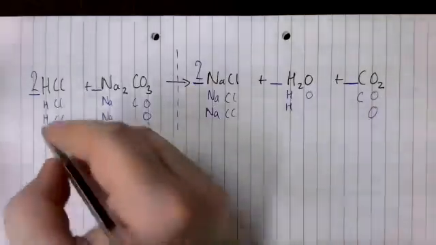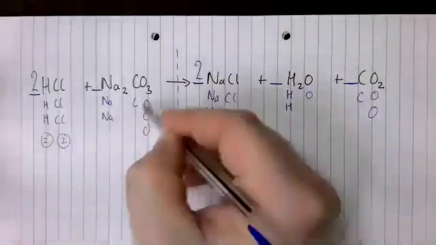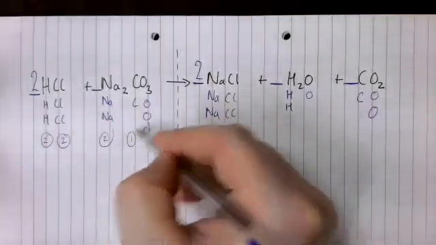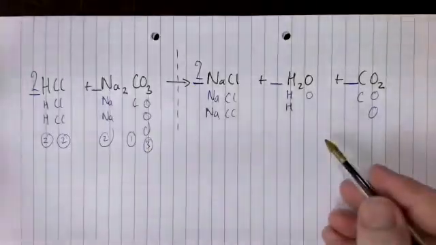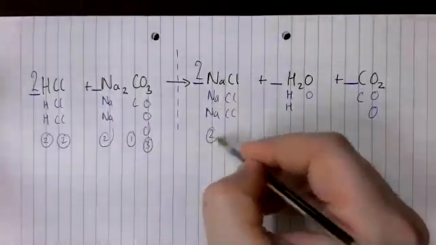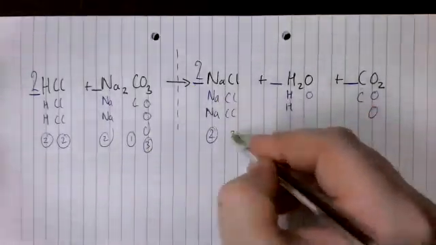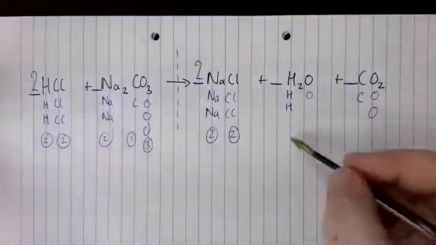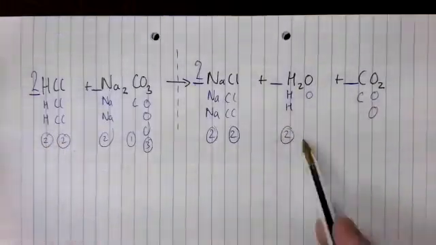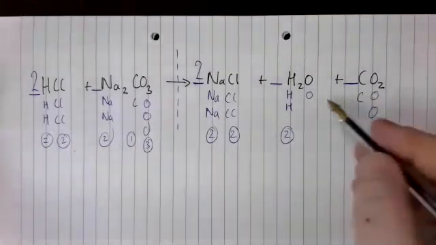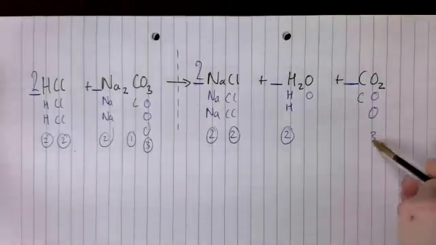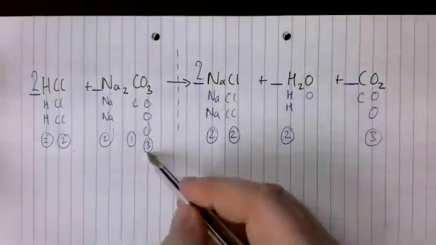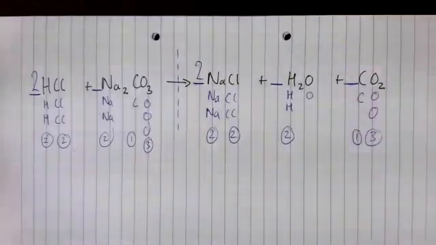So 2 hydrogens, 2 chlorines, 2 sodiums, 1 carbon, 3 oxygen. Now let's look at the other side. 2 sodiums, that balances. 2 chlorines, that balances. 2 hydrogens, that balances. 1, 2, 3 oxygens, look, 3 oxygens and 1 carbon.